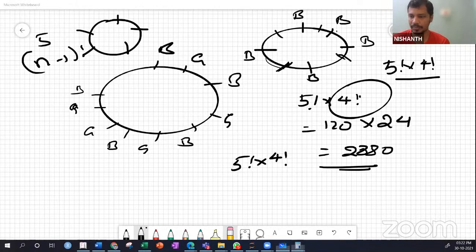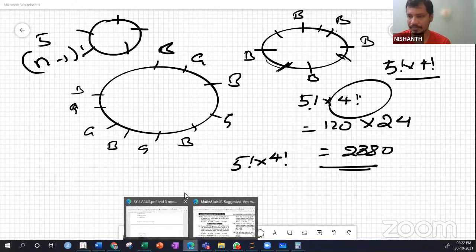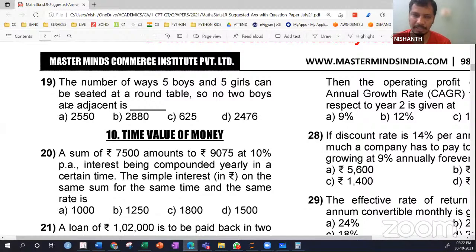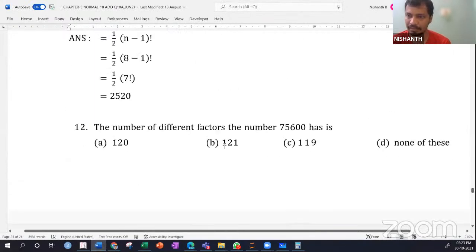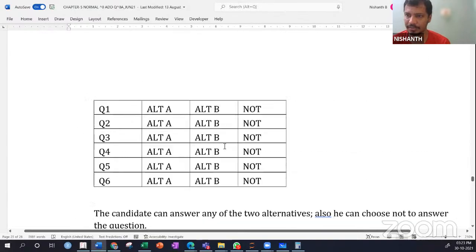Out of 4 problems, except for this 19th problem, it was not there completely in your institute material or the problems which you have solved. It was there to some extent, half problem, because here there was a problem on circular permutation.